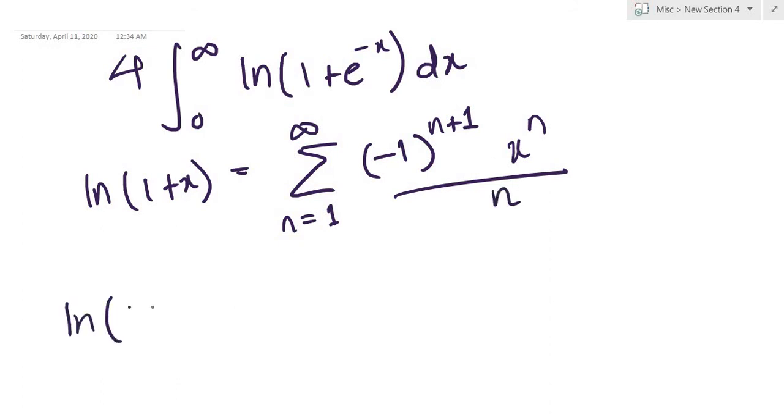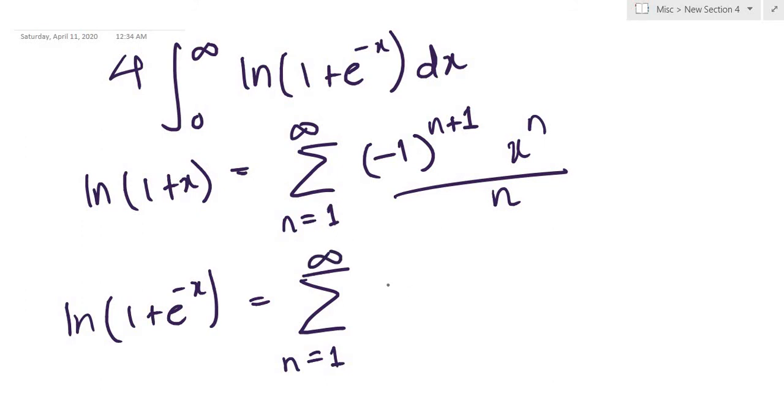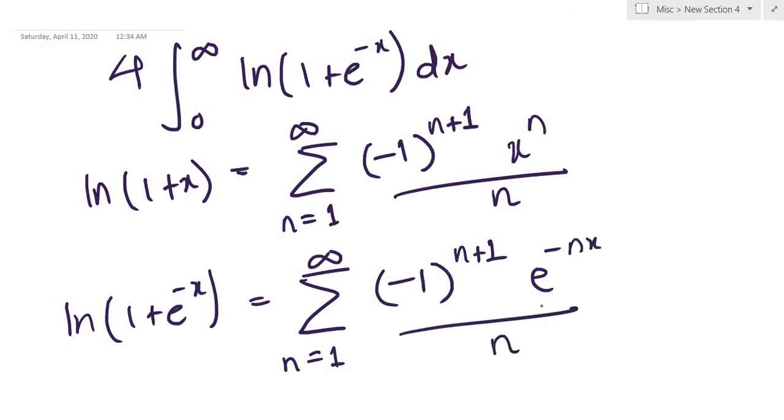But instead of x, now we have e raised to negative x. So we just make those changes accordingly. So sum from n equals 1 to infinity, minus 1 to the n plus 1 power, then e raised to negative nx over n.